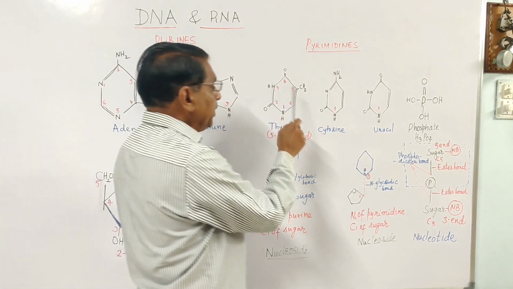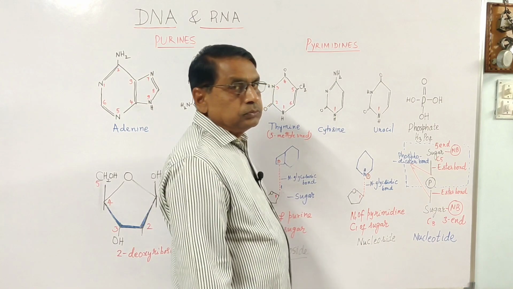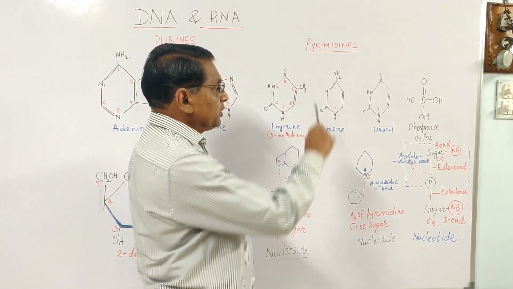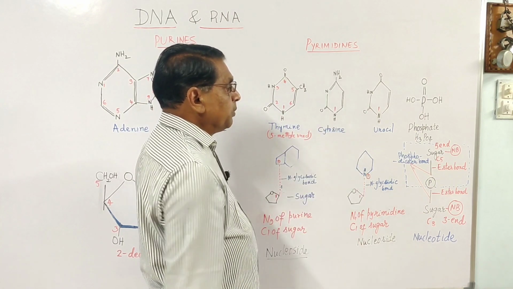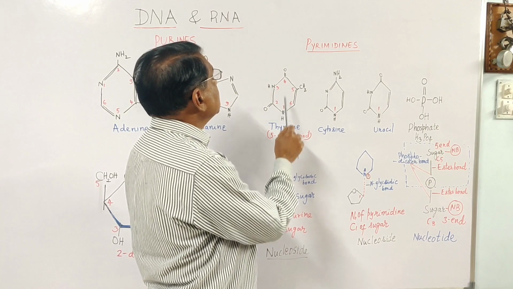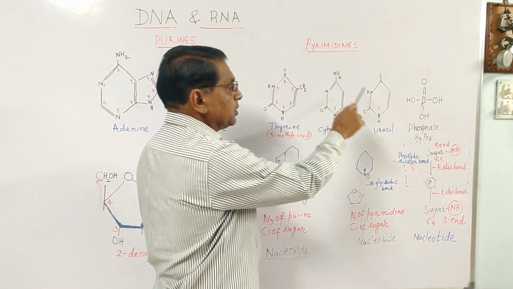Then pyrimidines, thymine, cytosine, uracil, are single ring structures with 6 atoms. The rings are made up of 6 atoms. First position, third position, nitrogens, remaining positions, carbon.